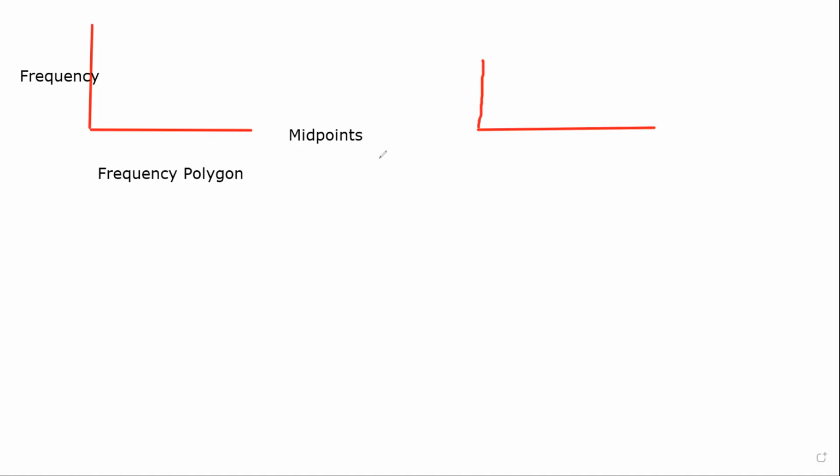This is going to be our upper class limit. That's why we needed our limits, not only for the histogram, but also for our ogive, our upper class limit. And we're going to have our cumulative frequency on this axis.